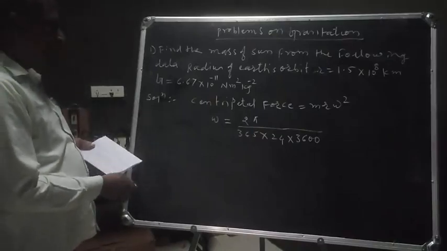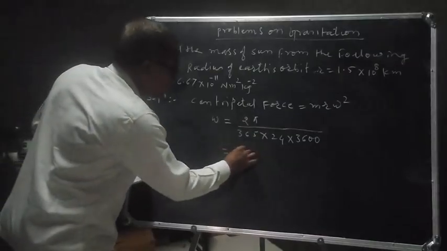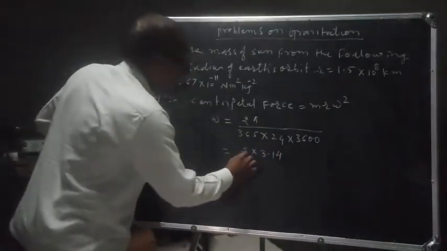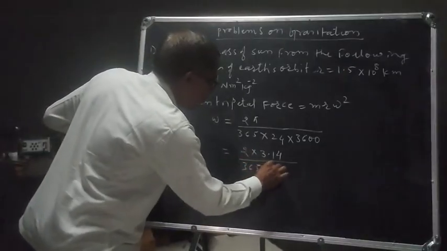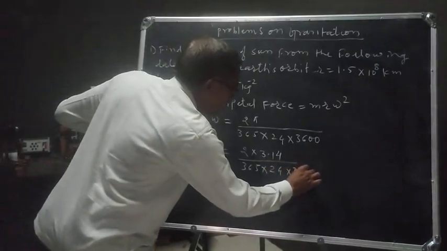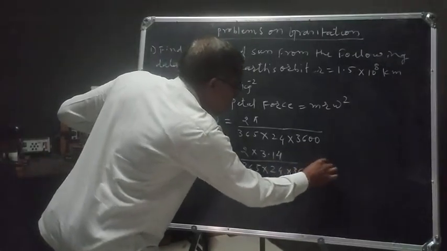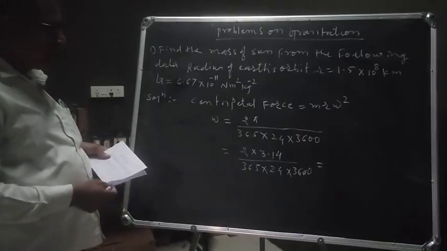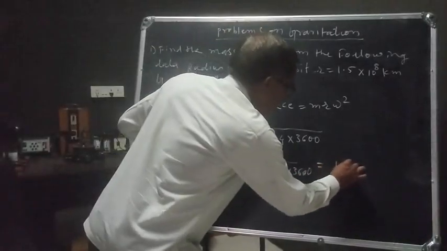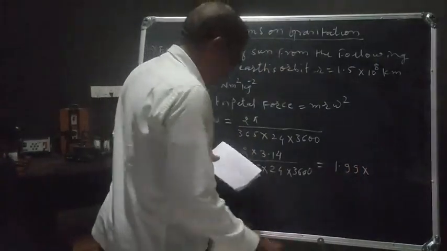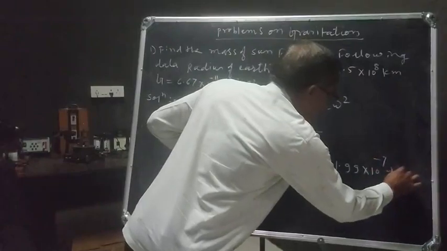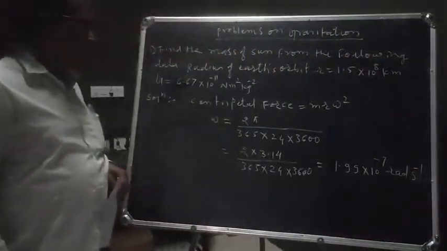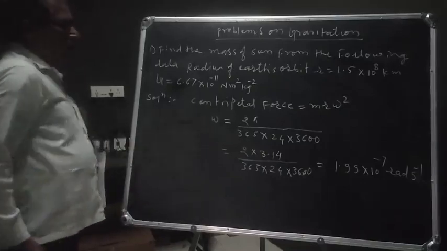Omega is 2 pi, where pi is 3.14, upon 365 into 24 into 3600, and if we multiply these quantities and calculate, we get 1.99 into 10 raised to minus 7 radian per second. This is the value of angular velocity of the Earth.